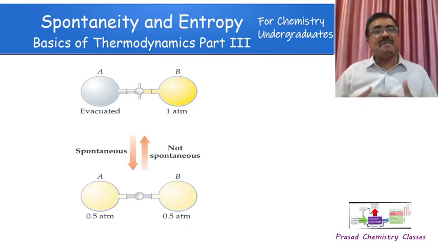The gases will mix with each other and the two bulbs after some time will have a uniform mixture of the two gases, right? Now, if you wait for a long time, the reverse will not happen. What is the reverse? The gas molecules separating into two different bulbs will not happen spontaneously. Separation of gases is not spontaneous, but mixing of gases is spontaneous.